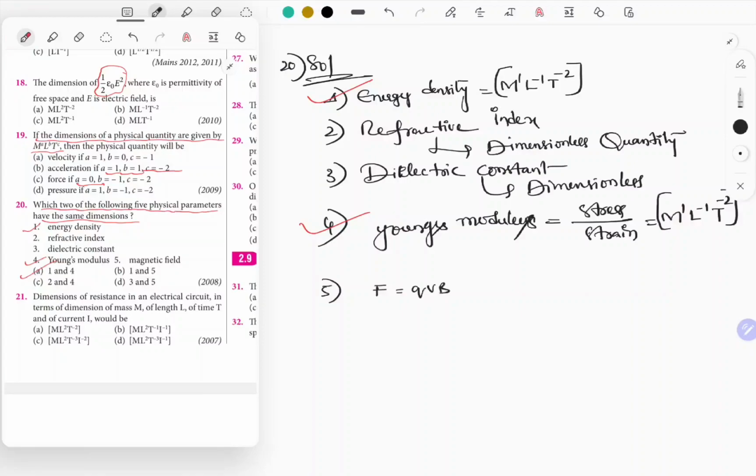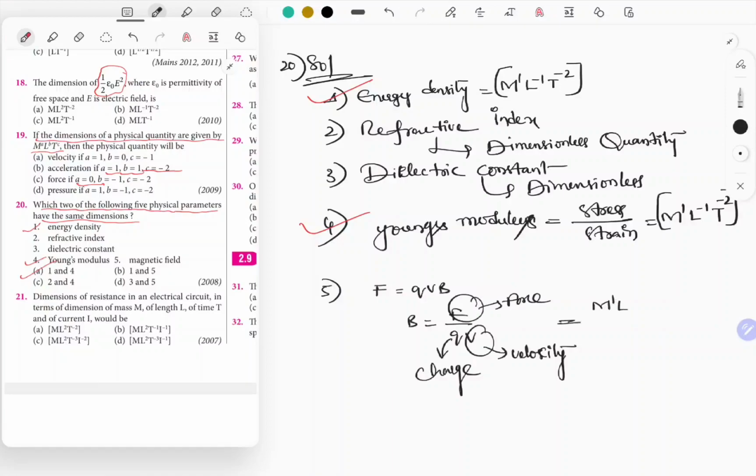Actually, it's a cross product of V bar and B bar. You are going to get sin theta, which does not have any dimensions, so we represent only the dimensions. Then B is equal to force by Q into V, where Q is charge and V is the velocity or speed of that charged particle, and F is force.